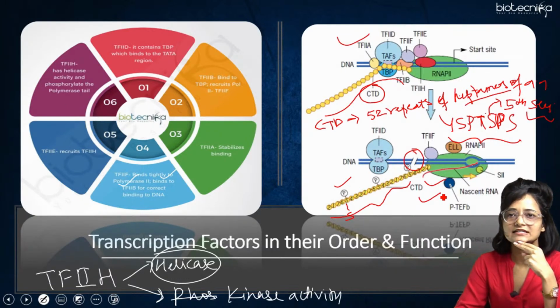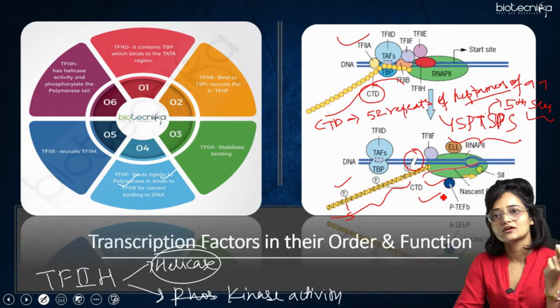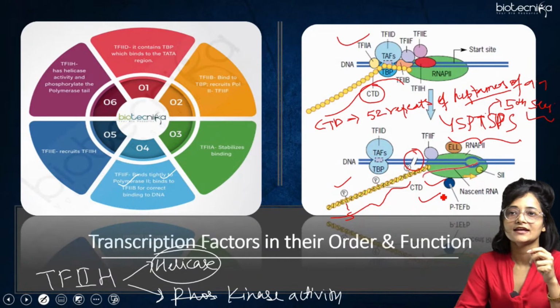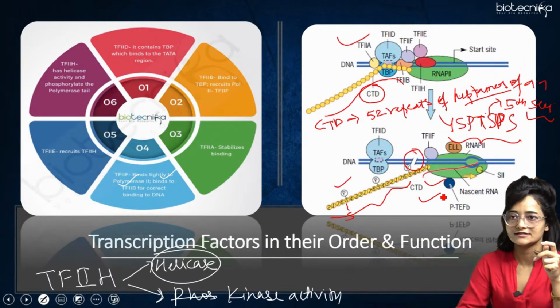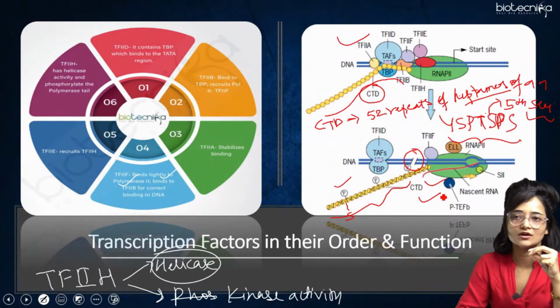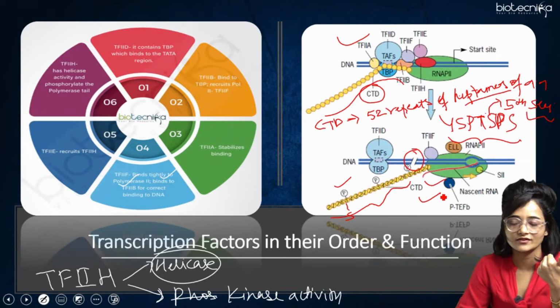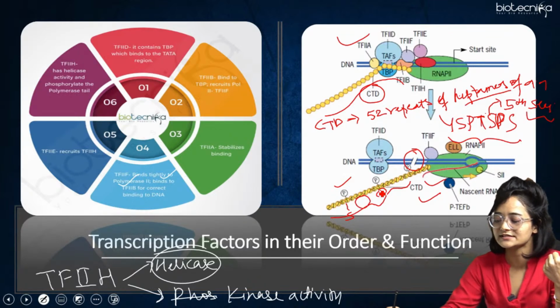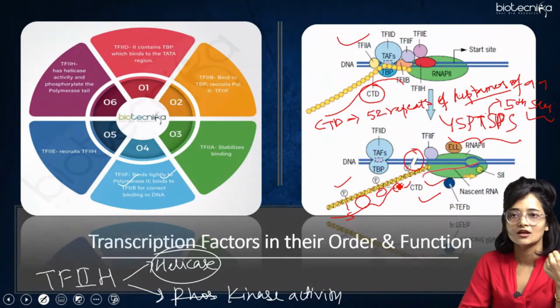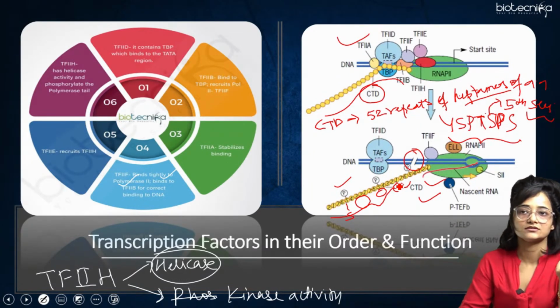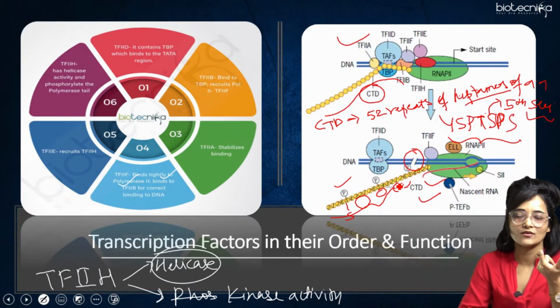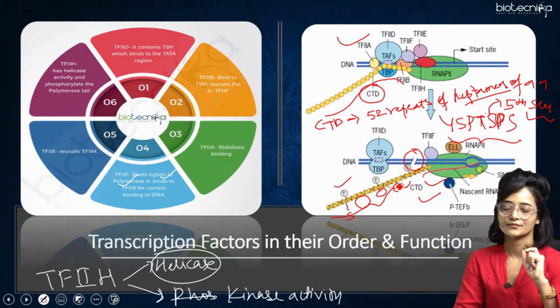The second major function is that the pre-mRNA requires certain processing, post-transcription modifications, before it gets converted into mature RNA. The enzymes involved in these modifications are also bound to this CTD region. So these are the two major functions of CTD, and you should also remember the heptamer amino acid sequence and the position at which phosphorylation majorly takes place.